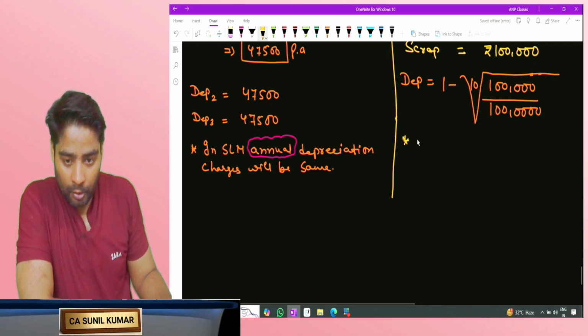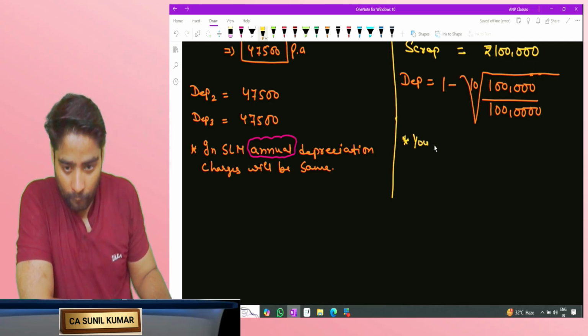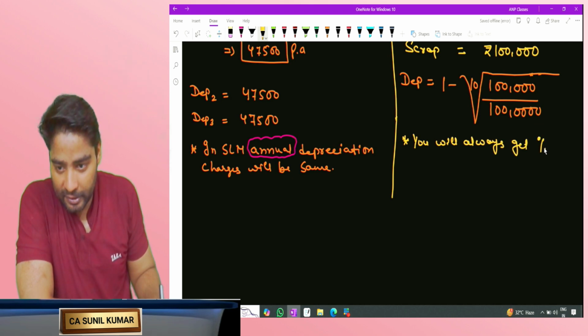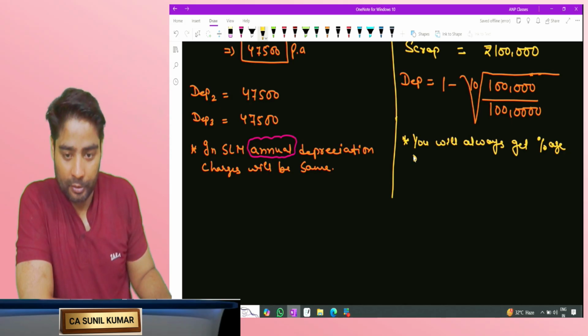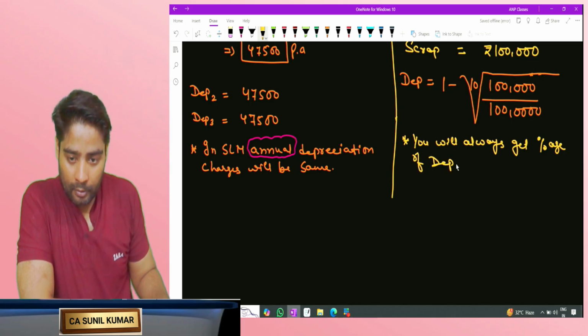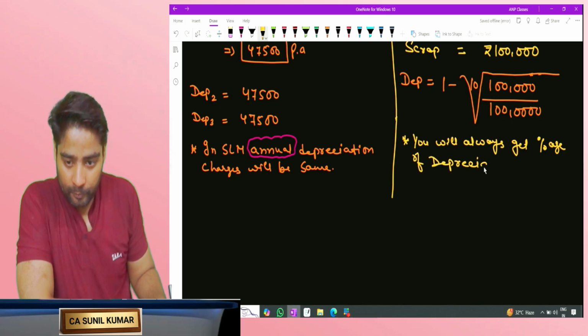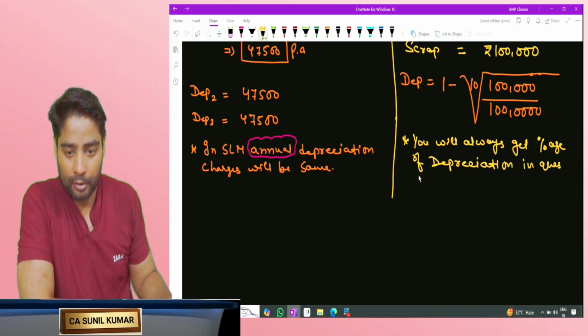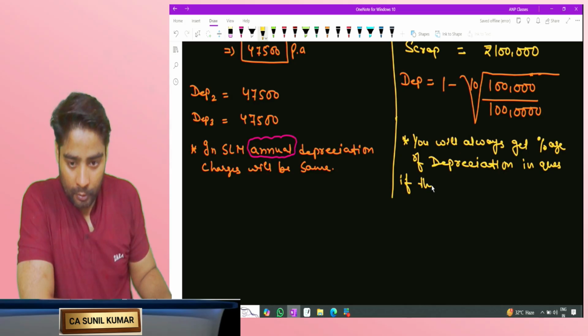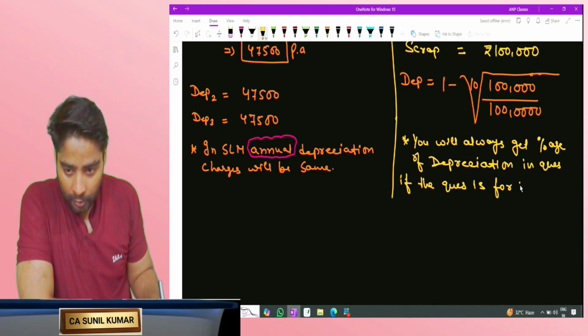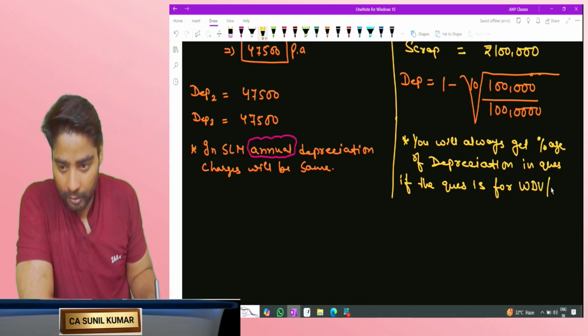Write down, you will always get the percentage of depreciation in the question if the question is for the WDV, diminishing balance method.